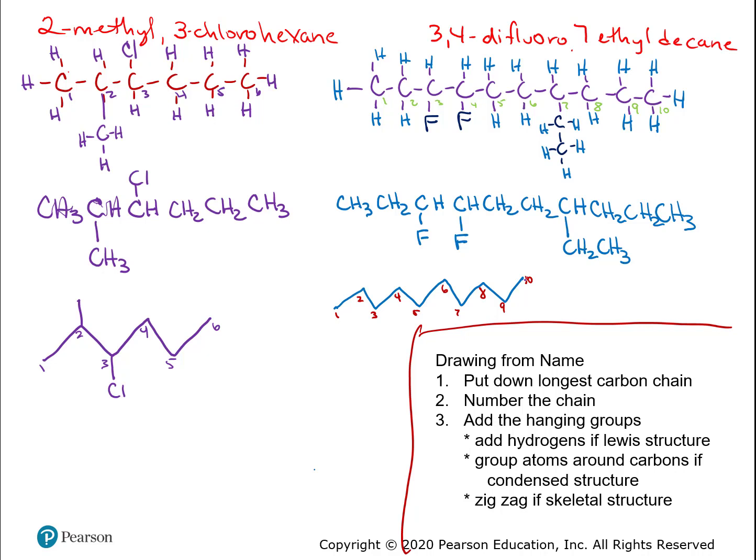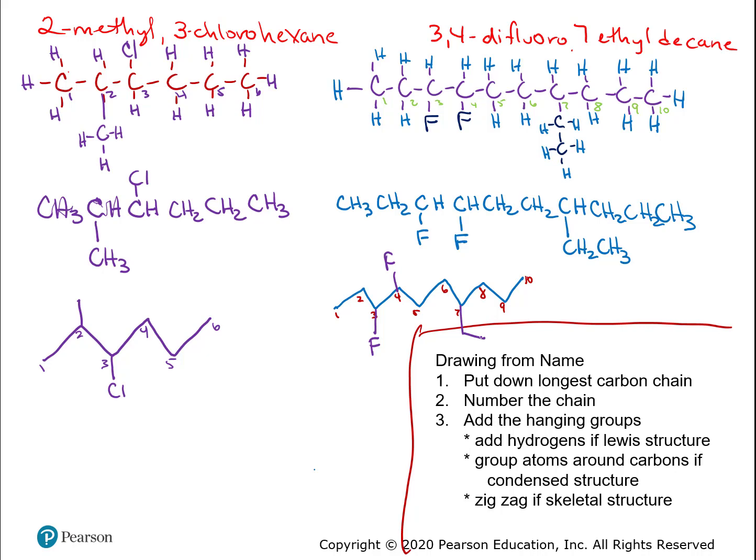Then, off of carbon 3 and 4, you're going to hang a fluoro here, and a fluoro here, and off of carbon number 7, you'd have a bent line. A line with the bend, because that would be 2 carbons. Just a single one would be a methyl, but see how that comes down in an angle?